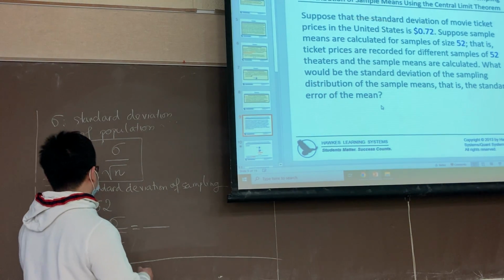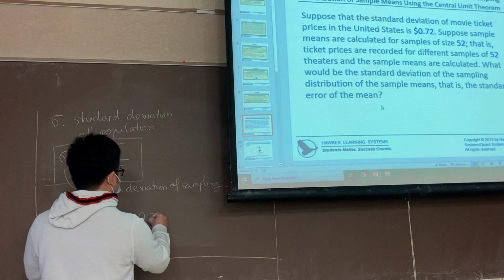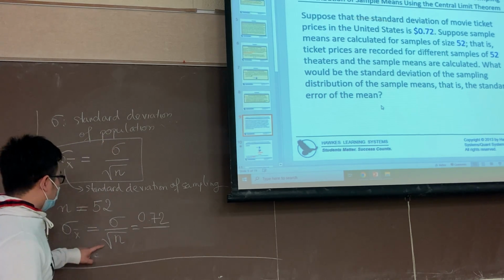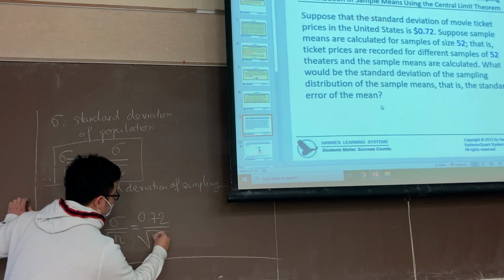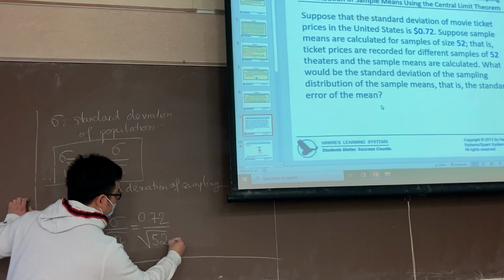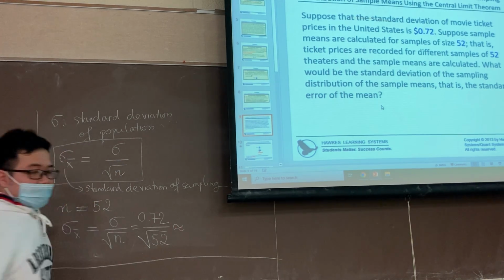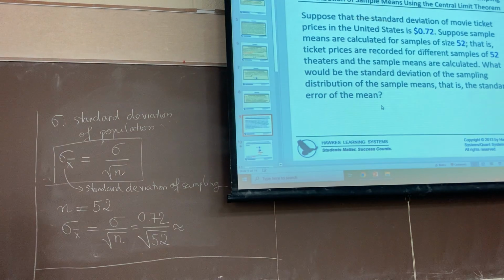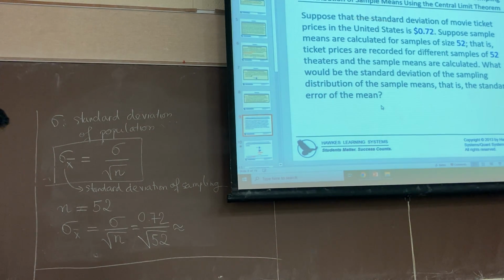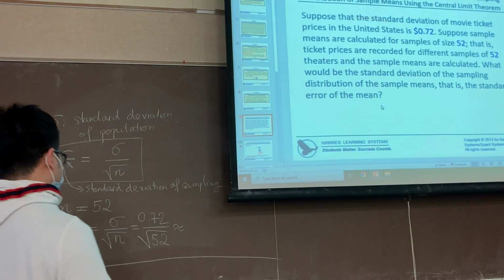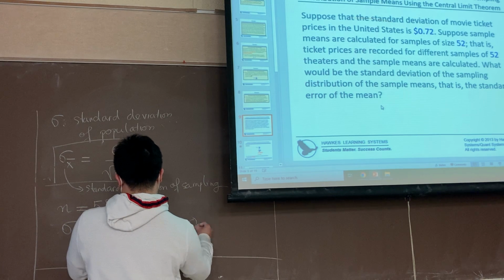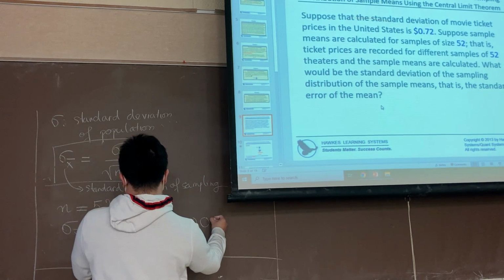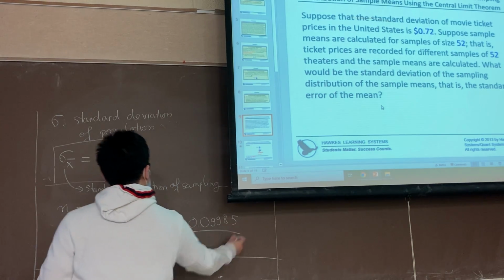Okay, in this case, the standard deviation is 0.72, okay? And the square root of n is the square root of 52. You will use a calculator to calculate this. This value should be 0.09985, something like that.